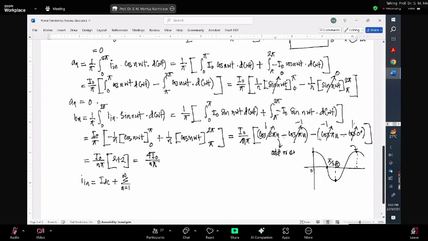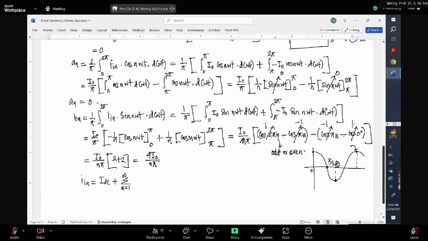So if my n value is odd, like 1, 3, then this value will become 1, this value becomes minus 1, this value becomes minus 1, this value becomes 1. But when your n is even, that means 2 pi position, so it would be positive. This will also be positive. So positive value minus positive value will become 0.